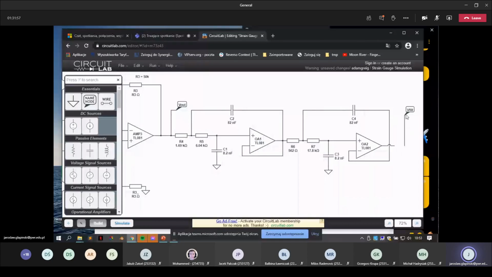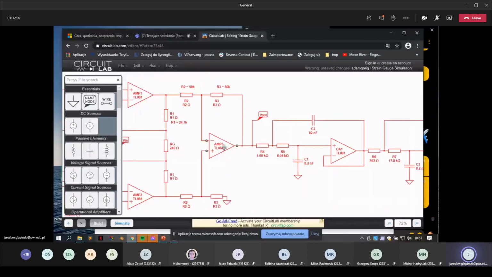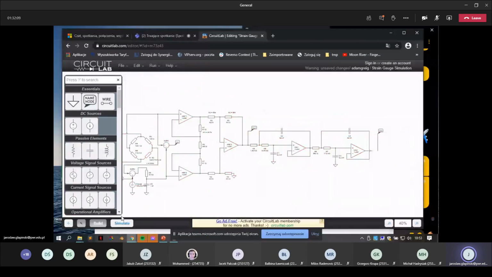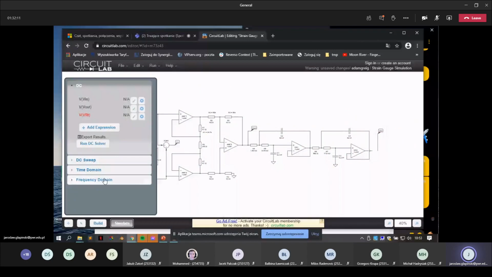So we've got the signal VFIT. This is the filtered signal. So generally, we will see what's going on in this system. First of all, I use some DC analysis.